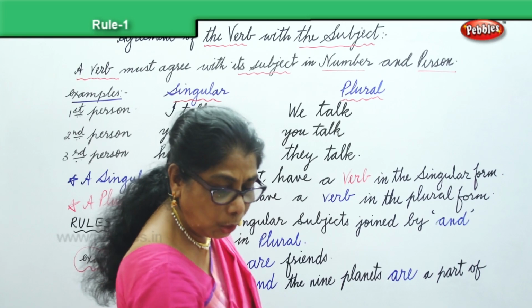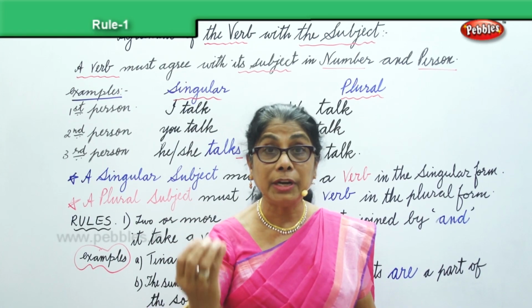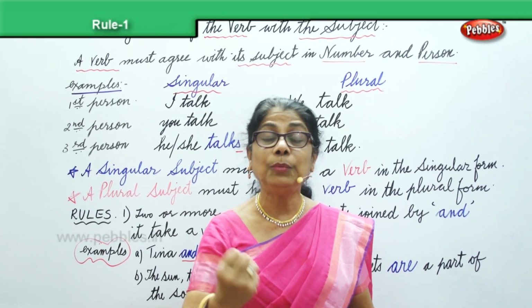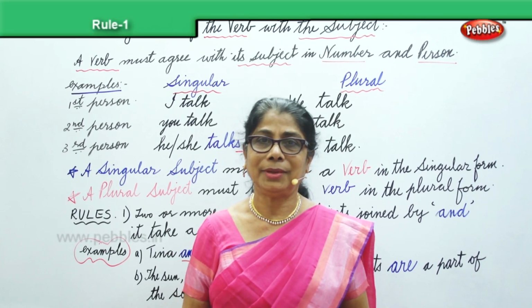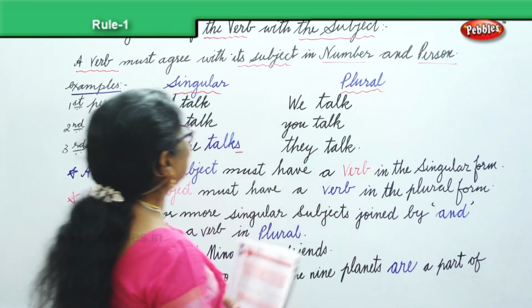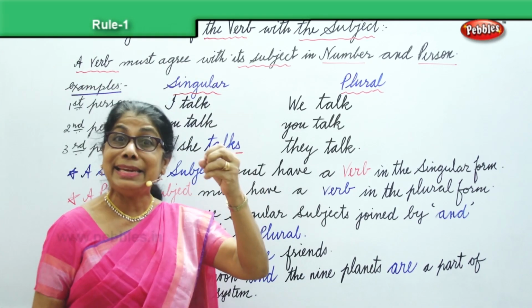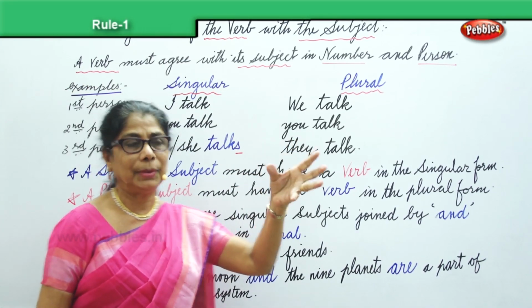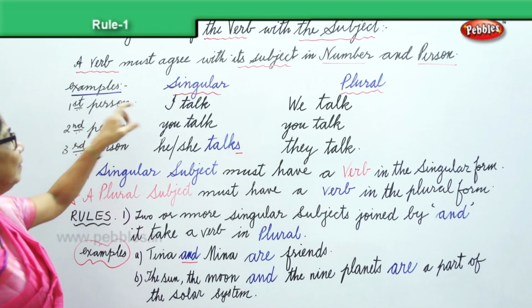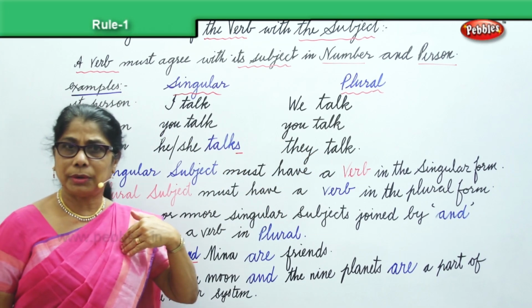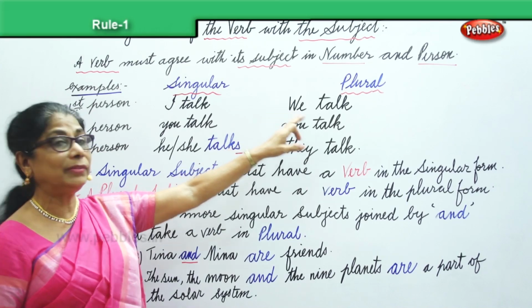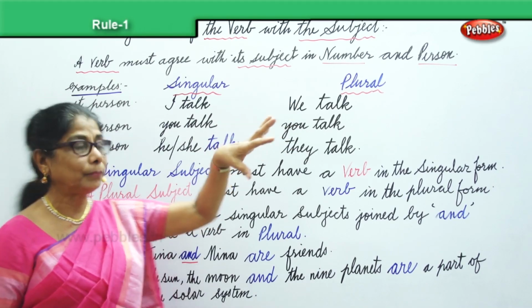Now, we are looking at the verb agreeing with the subject. That's what we are doing. So, we said a verb must agree with the subject in number and person. In the first person, you say, I talk. Then in plural form, we say, we talk.